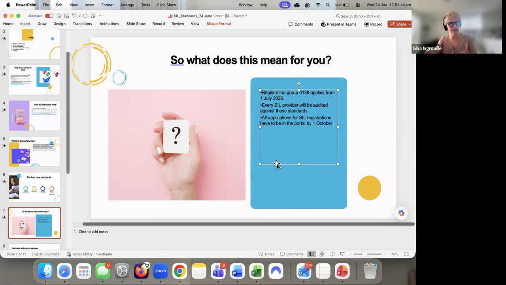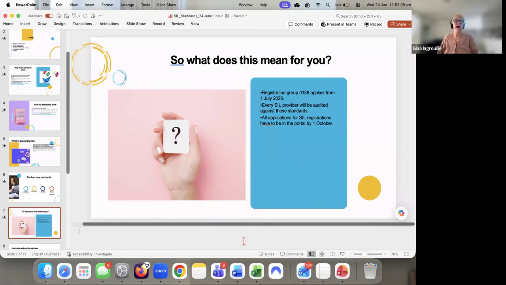We want everyone's application in. And they've actually said, if your application's not in the portal by October 1, forget it. You lose the opportunity. That's for existing registered and unregistered providers. So make sure you really do get it in.